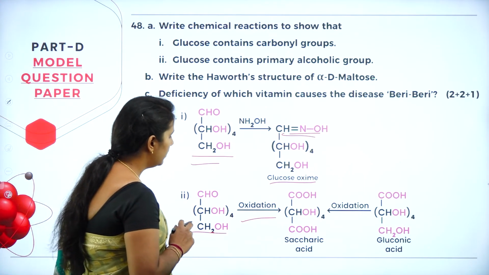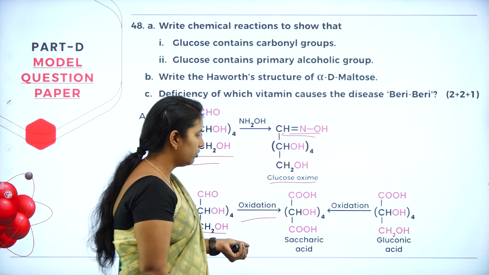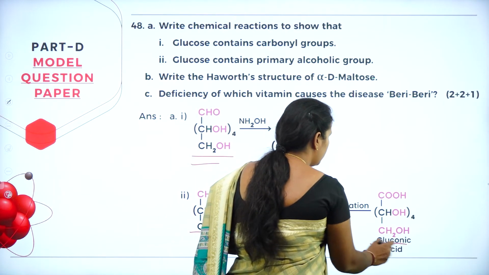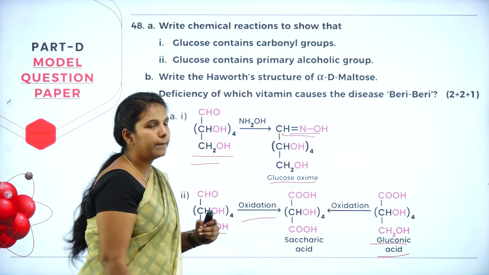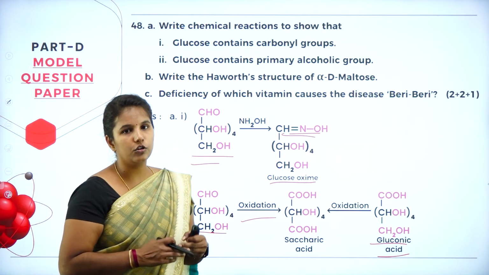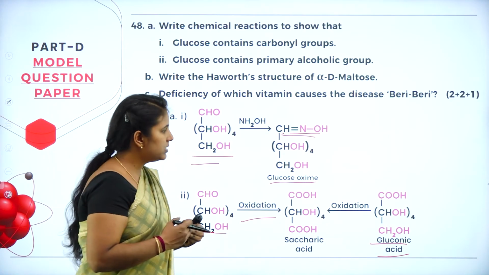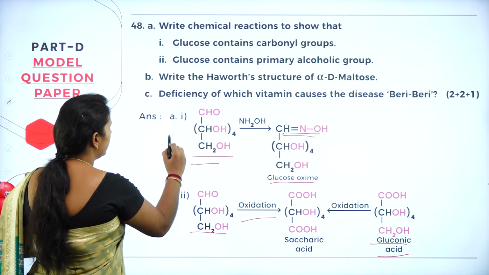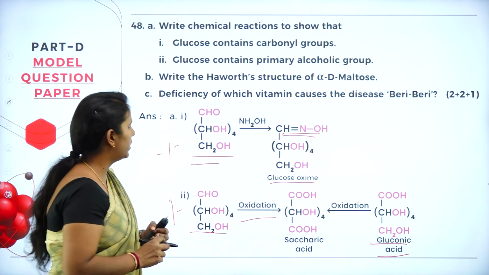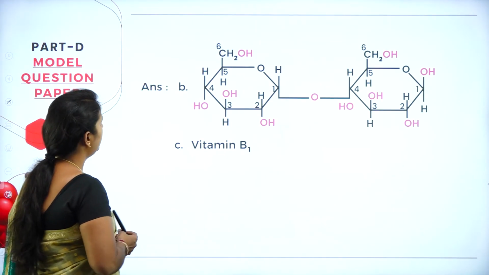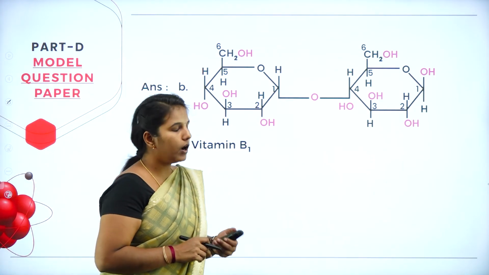It forms gluconic acid, which upon further oxidation gives saccharic acid, which shows that a primary alcoholic group is there in the glucose molecule. If you write this reaction, you'll get 1 mark, and for writing the second reaction, you'll get 1 more mark.